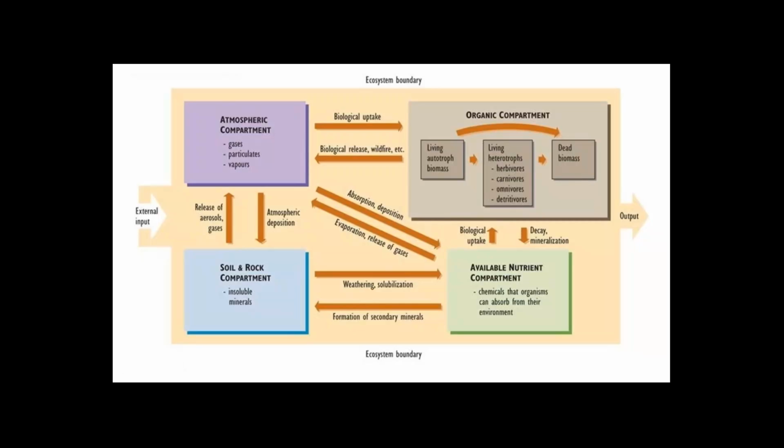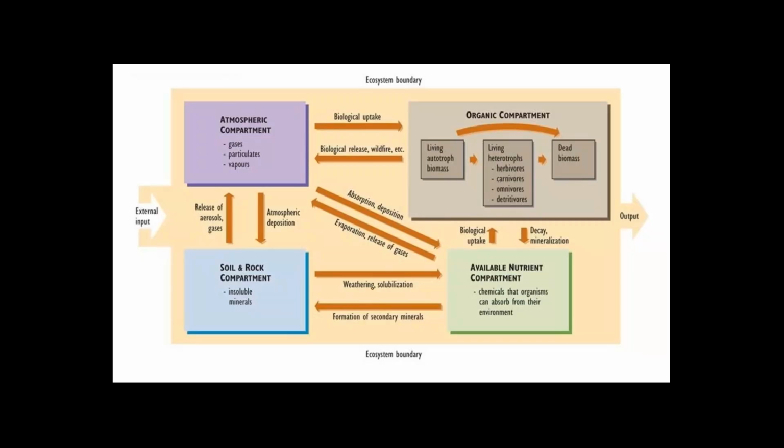And this process can go in the opposite direction. And of course, biological processes can also absorb atmospheric nitrogen. So absorption and deposition and biological processes.